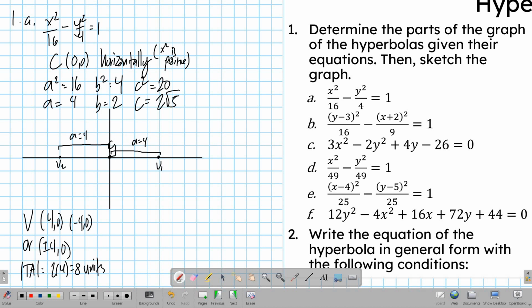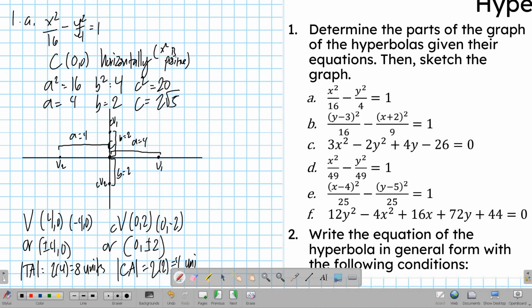So that's 1 and 2 for this co-vertex, and then 1, 2 for this second co-vertex. So therefore, the coordinates of our co-vertices would be the first one is at 0, 2, and the other one is at 0, negative 2. Or we write it as 0, comma, plus minus 2. And then we can look for the measure of our conjugate axis, which is from this point up until this point. So that would be equal to 2 times 2, which is equal to 4 units.